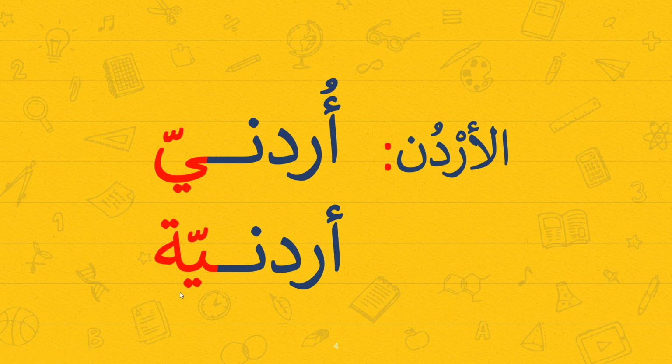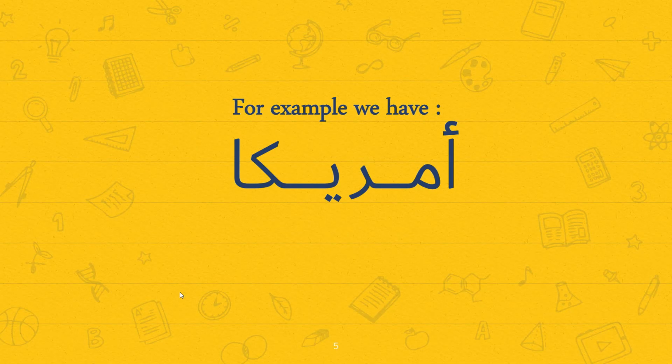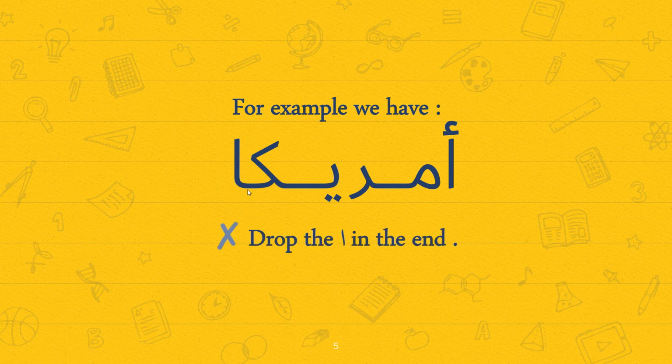Now, the next rule is, for example, we have the country America. You probably notice in Arabic that America ends with an alif. So in this case, what we will do is drop this alif in the end, and then add the ya.